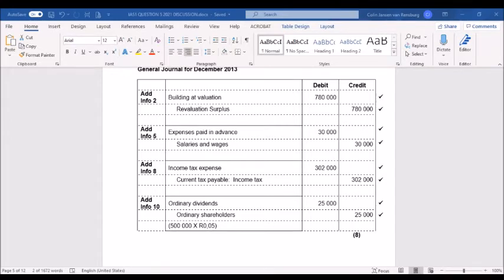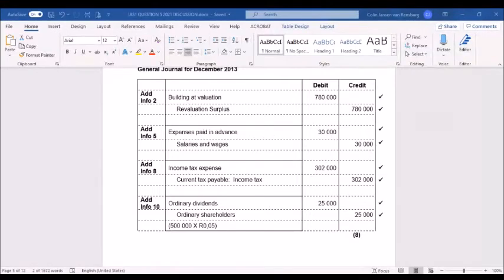The credit side, we said when we declare the dividends, we record the distribution by debiting the ordinary dividends declared. At the same time, we raise the liability towards our shareholders, in this case, the ordinary shareholders, right?